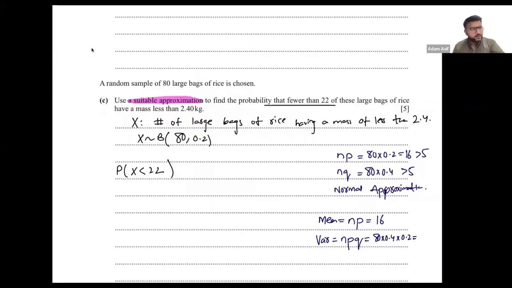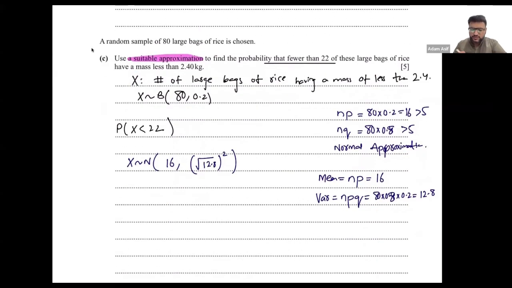Sorry, my bad, the probability of failure is 0.8. If probability of success is 0.2, so probability of failure would be 0.8. So the variance is 12.8. Okay, so I can say that X now follows a normal distribution with mean 16, and the standard deviation is going to be square root of 12.8.